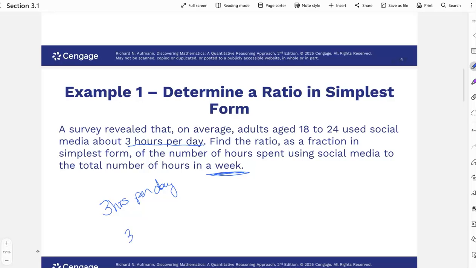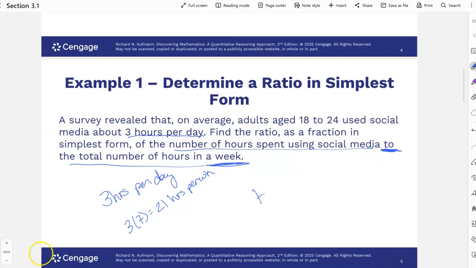So if they're doing 3 hours a day and there's 7 days in a week, then that would be a total of 21 hours per week. And that's spent on social media. So that's going to be our numerator. And then it says "to," which means now we're talking about the denominator, the total number of hours in a week.